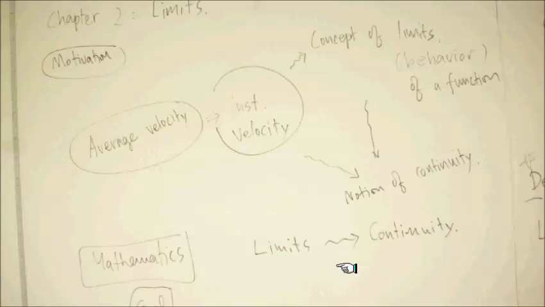You have to be able to define either of these independently from the other. So they decided to define the limits without using the notion of continuity first, then define continuity using this notion of limits.